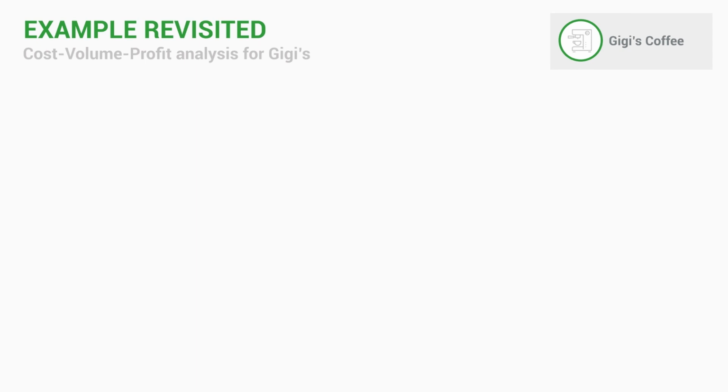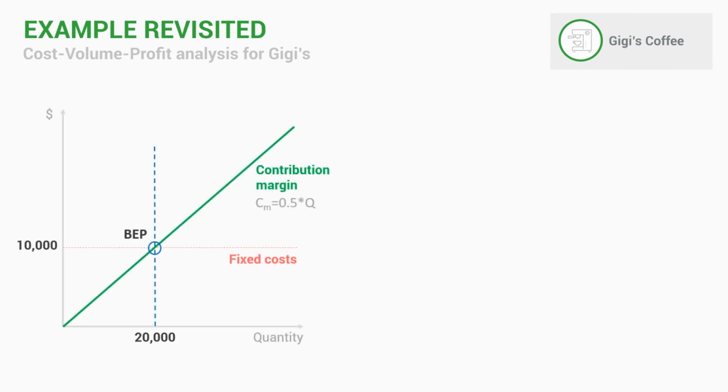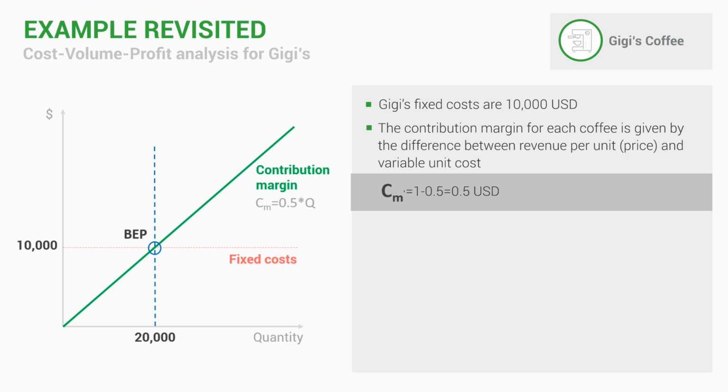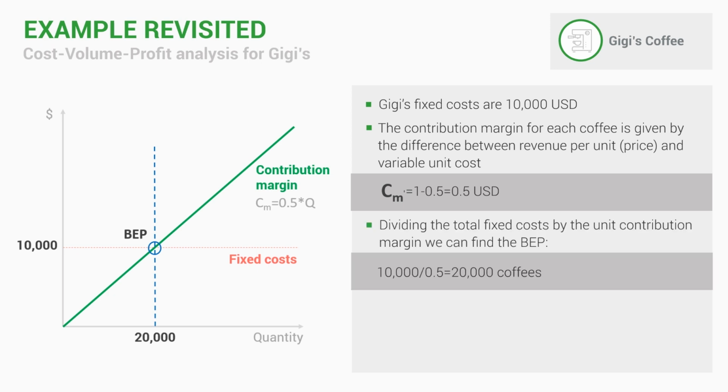Let's return to the example of Gigi's Coffee to see the cost-volume profit method in action. Gigi's fixed costs are $10,000. The contribution margin for each of his coffees is given by the difference between revenue per unit, that is, the price charged, and the variable unit cost. This is $1 minus 50 cents, which equals 50 cents. Dividing the total fixed cost by the unit contribution margin allows us to find the BEP.